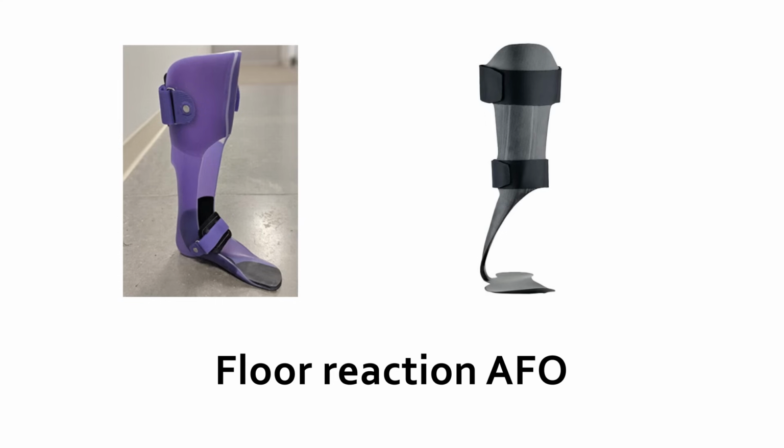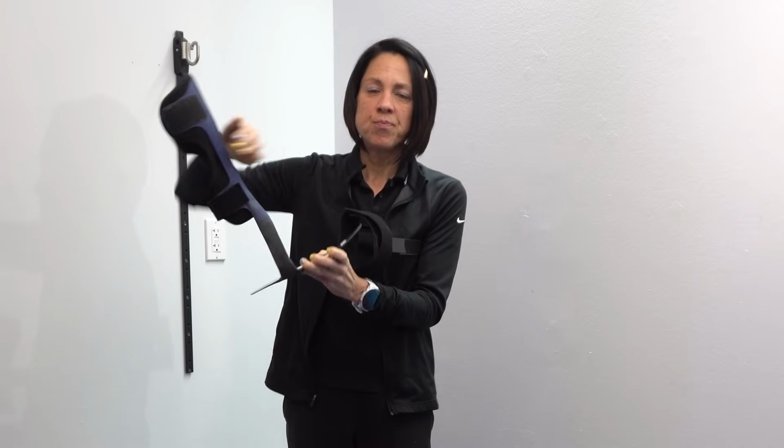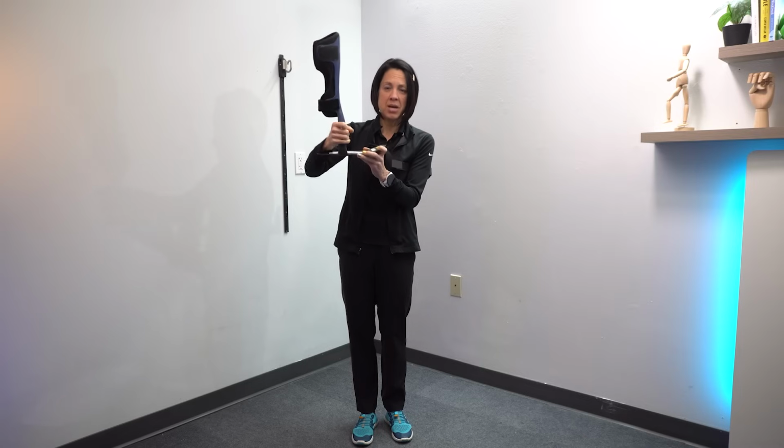We call this a floor reaction AFO. This is probably the most common one that you will see or that some of you have, but basically any brace that has a rigid structure on the front of the shin, okay, it can be plastic because some orthotists will make something that looks like this, but anything that has rigid structure and a fixed ankle, meaning the ankle component does not bend, it's not articulated, so it's fixed, okay?